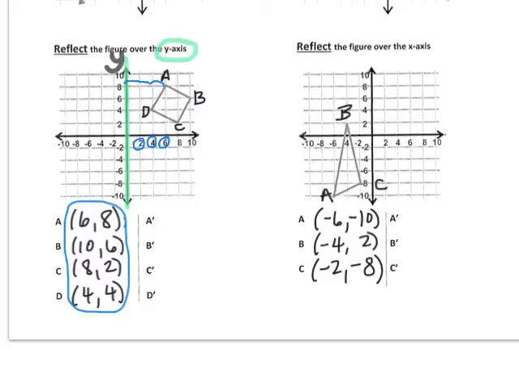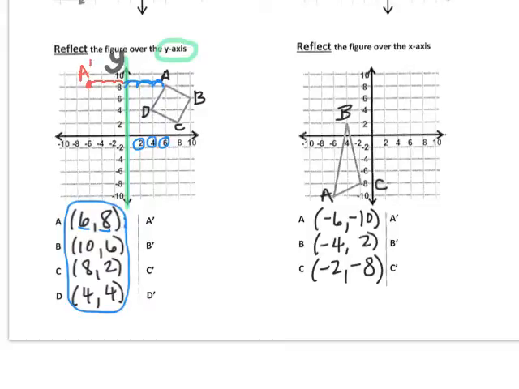Of course, as you see with the ordered pairs, point A is at 6, 8, so therefore each one of these units is 2. However, I'm just counting the number of times I have to go over, and then I'm going to go past that line of reflection the same number of units. So once I get to the line of reflection, same number of units past there, that's where I'm going to plot my image point. That's A prime right there.